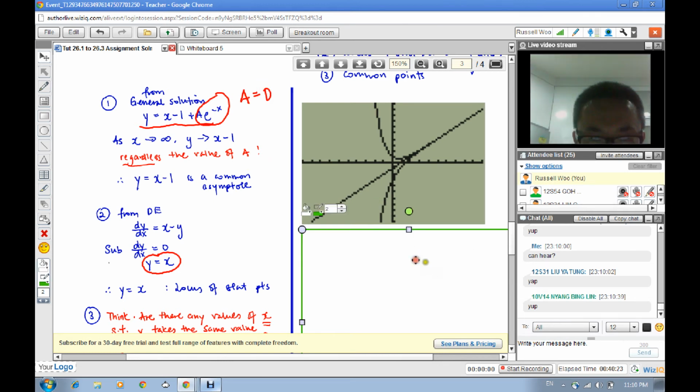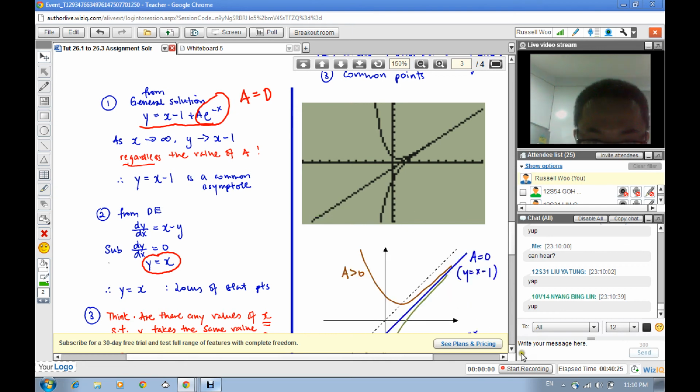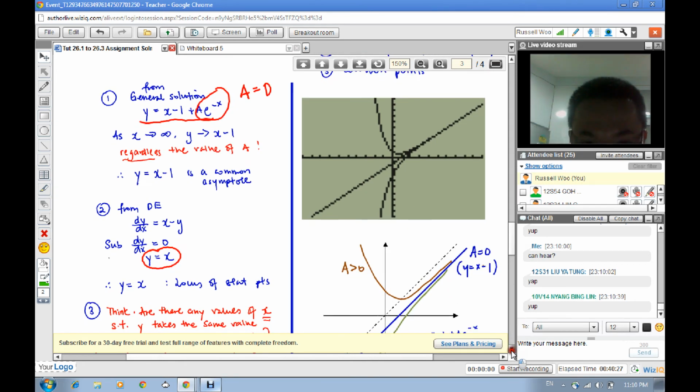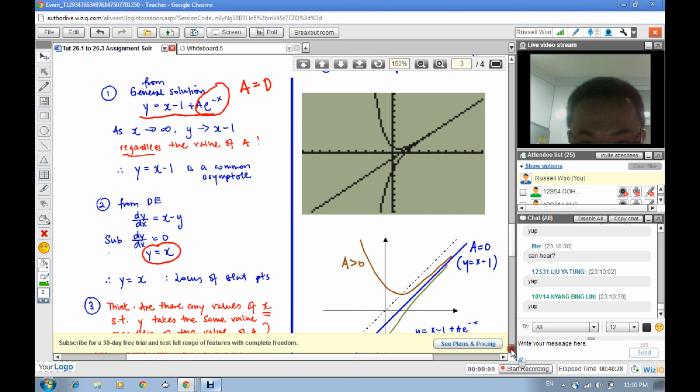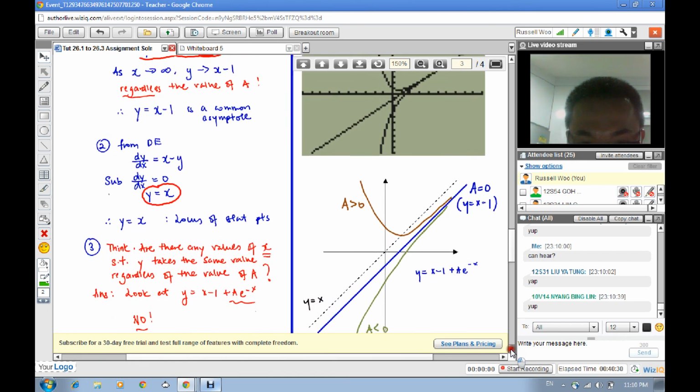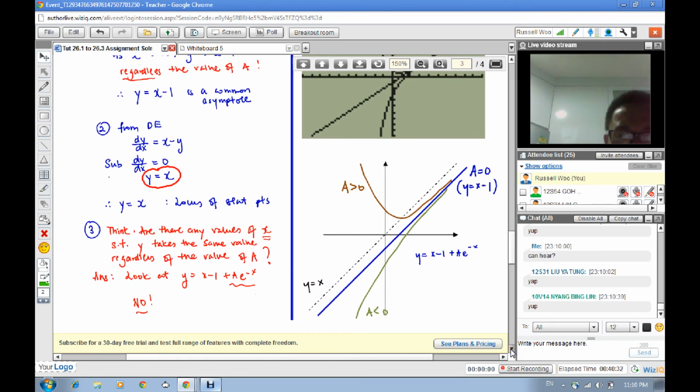So I'm just going to show the answer here. This is the part that we need to be discerning. A few important points. The blue solid line is a solution curve where a equals 0. It is also a common asymptote. It must be very clear in your sketch.